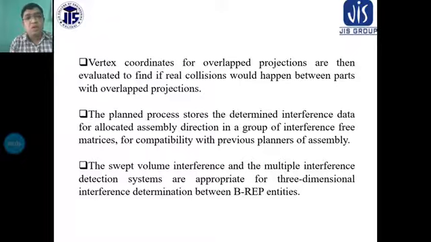The different components are given as an assembly, and you have to be given the boundary representation. That means the B-rep will be required for the three-dimensional interference determinations between the boundary representation entities.